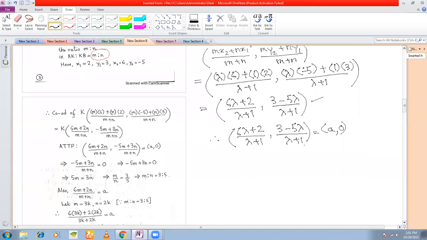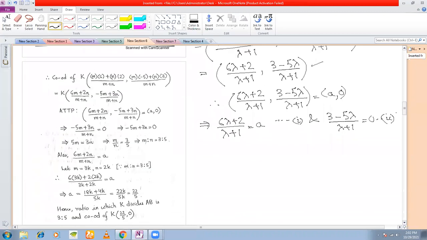When I equate the coordinates, I get (6 lambda plus 2) divided by (lambda plus 1) is equal to a. Call this equation number 1. And I get (3 minus 5 lambda) by (lambda plus 1) is equal to 0. Call this equation number 2.